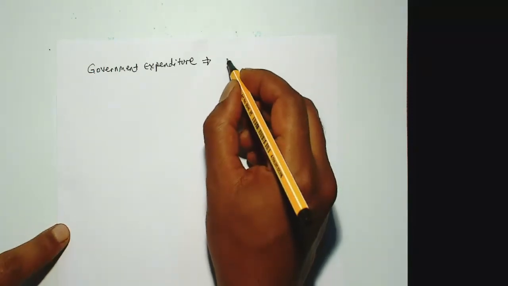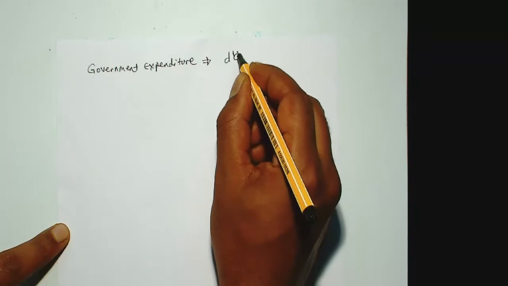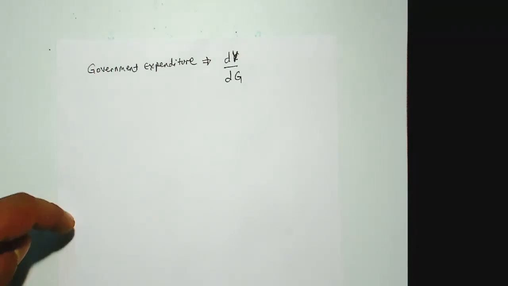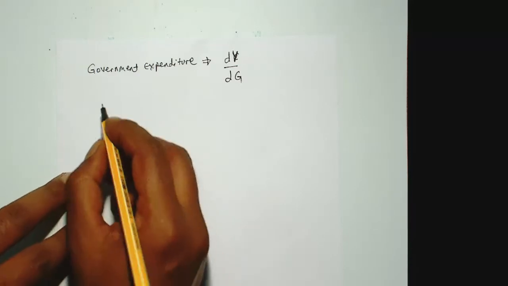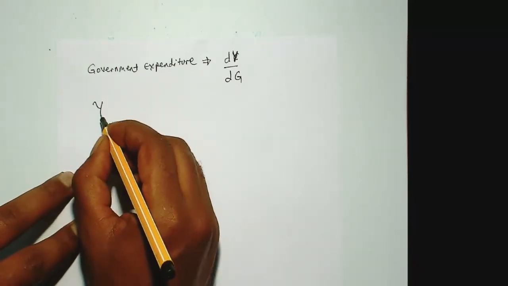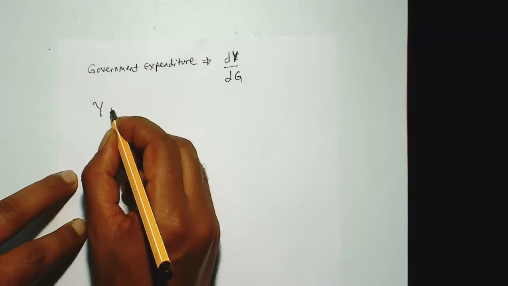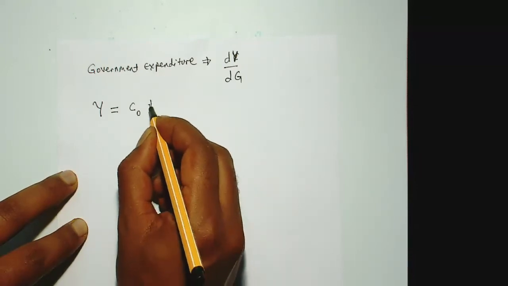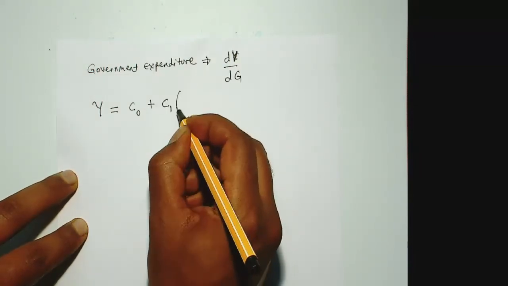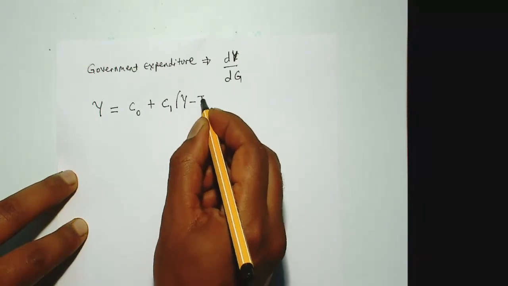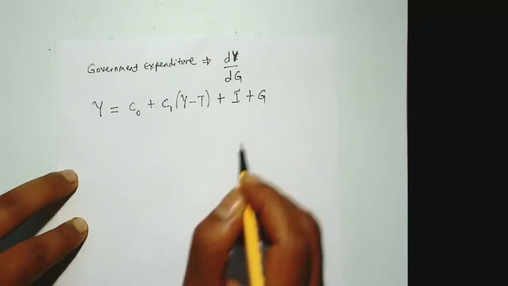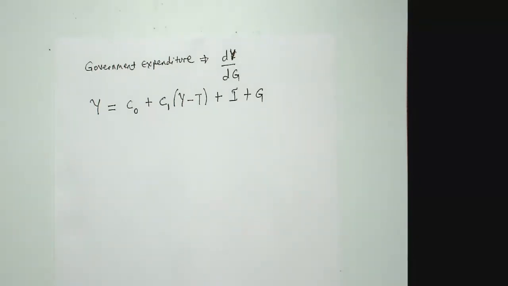Mathematically, it can be written as the change in income, dY, divided by the change in government expenditure, dG. You may remember that we are given the equilibrium condition in the domestic goods market, which is Y equal to autonomous consumption C0 plus C1 multiplied by income minus tax, plus investment and government expenditure G.